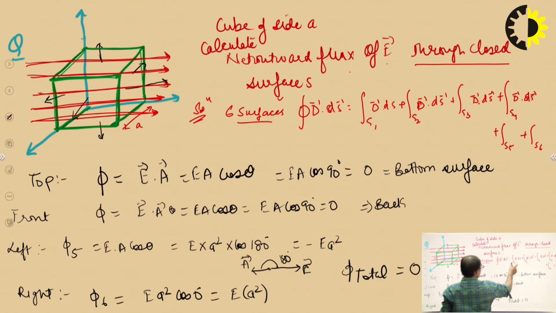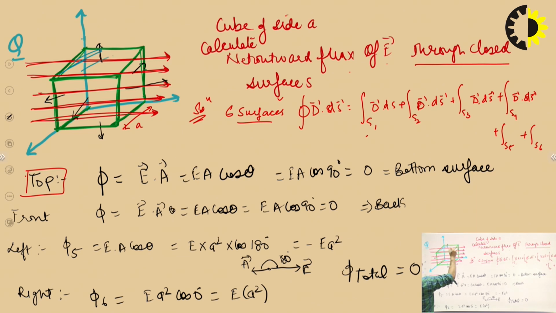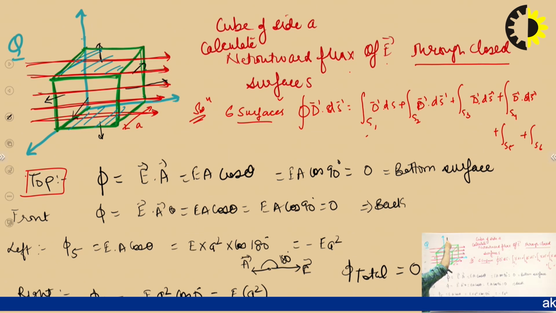So S1 and S2 mean the top and bottom surface. For the top surface, the field lines are passing like this, and the unit vector of the top surface is like this one. Both are at 90 degree to each other. So for the top surface, E dot A equals E A cos theta, that is E A cos 90 degree, which comes out to be 0.